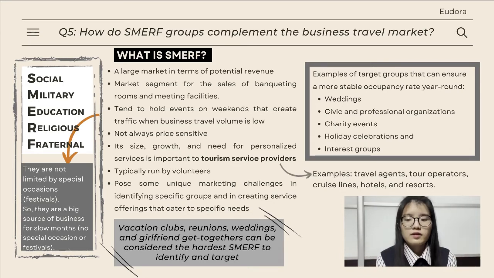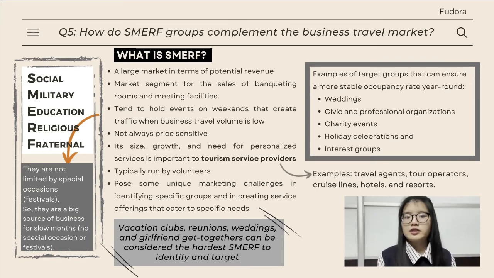However, this group poses some unique marketing challenges in identifying specific groups and in creating service offerings that cater to specific needs. This is because SMERF groups are typically run by volunteers, such as small or big social gatherings.